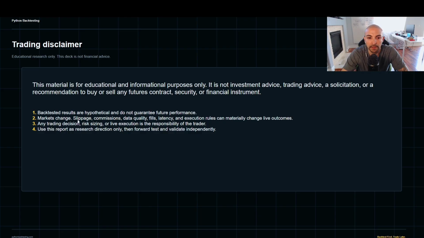Backtested results are hypothetical and do not guarantee future performance. Markets change. Slippage, commissions, data quality, fills, latency, and execution rules can materially change live outcomes. Any trading decision, risk sizing, or live execution is the responsibility of the trader. Use this report as research direction only, and then forward test and validate independently.